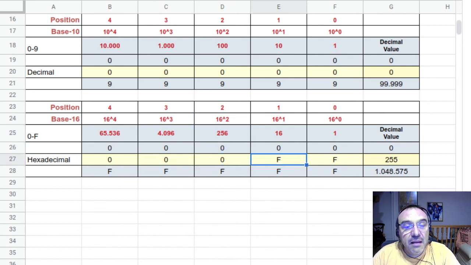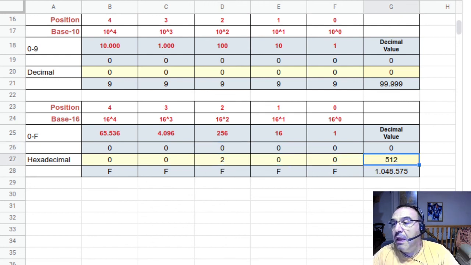So if you put 0 in the units, 0 in the 16s, and 1 in the third position, that position has the value of 256, so you will have 256. And if you place the number 2 here, it will mean 2 by 256. It is 512.